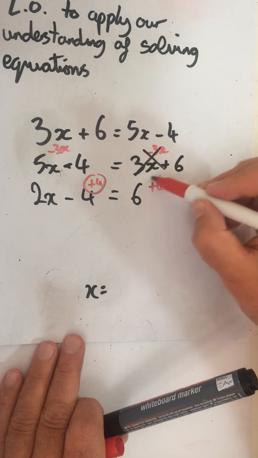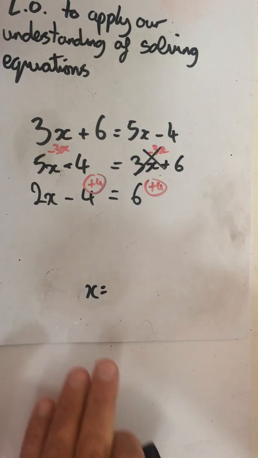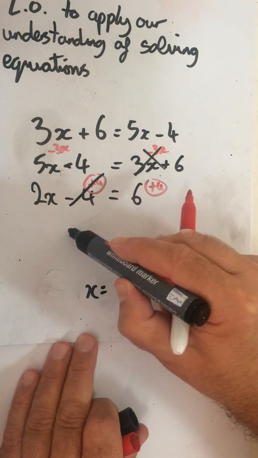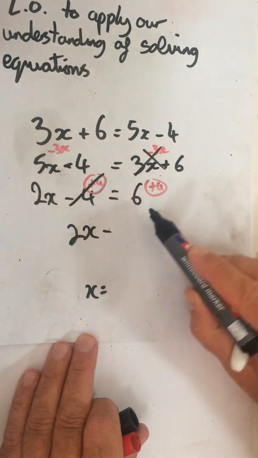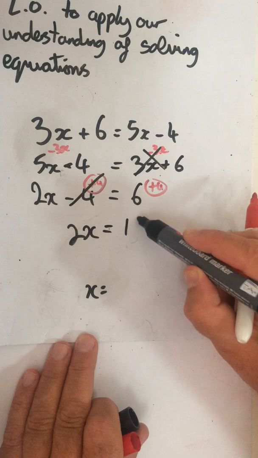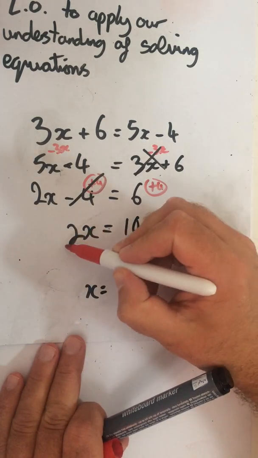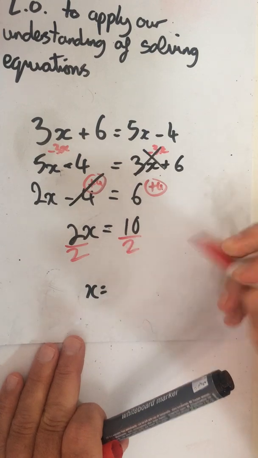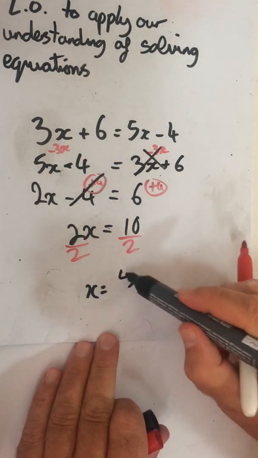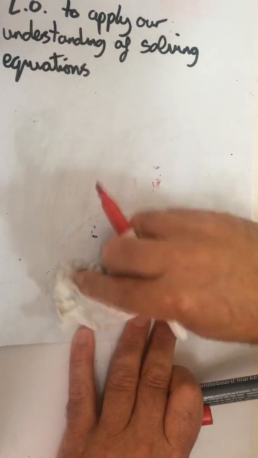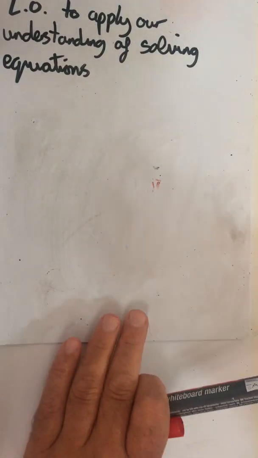It's the balance method, positive 4 on the other side, so that leaves me with 2x equals 6 plus 4, which is 10. Just the next part, this is 2 times x, so I'm going to divide by 2, x equals 5.